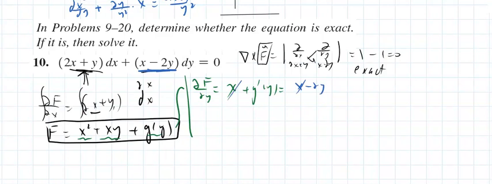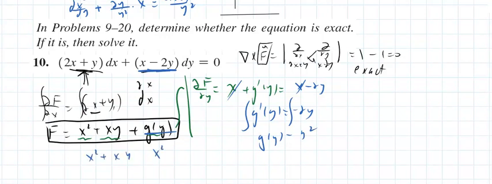So the x's cancel out, and g prime of y equals negative 2y. Whether you integrate here with partial or none, since it is only a function of y, g of y would be negative y squared. So replace this by that, and that's my f. Now there should be a constant in there, of course, but this is how they write the answer.